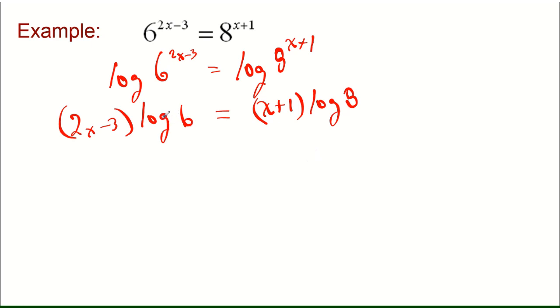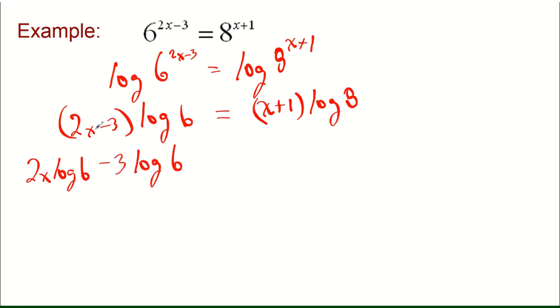Now, log of 6 is just some number. It's like having a 2 there. Log of 8 is some other number. It's like having a 5 there. Well, a number outside a bracket, whether it's on the front or the back, distributes into the bracket. This number distributes into here. So this becomes 2x multiplied by the log of 6 minus 3 multiplied by the log of 6.